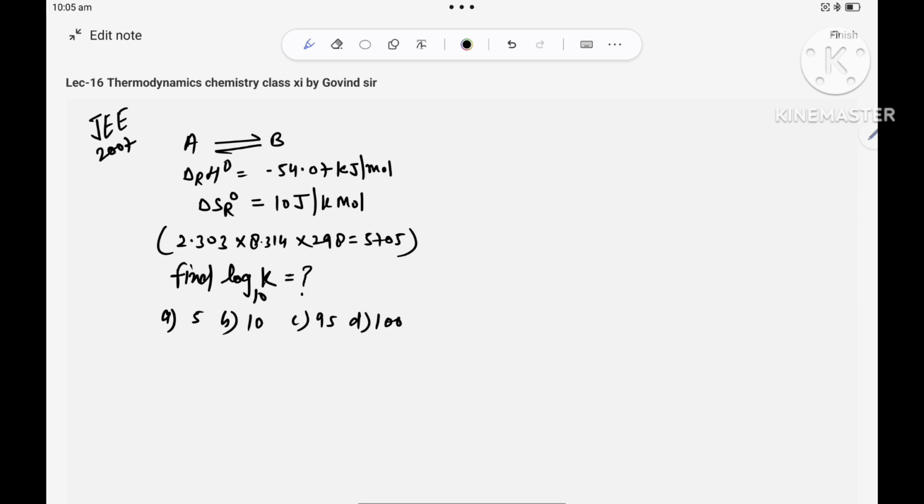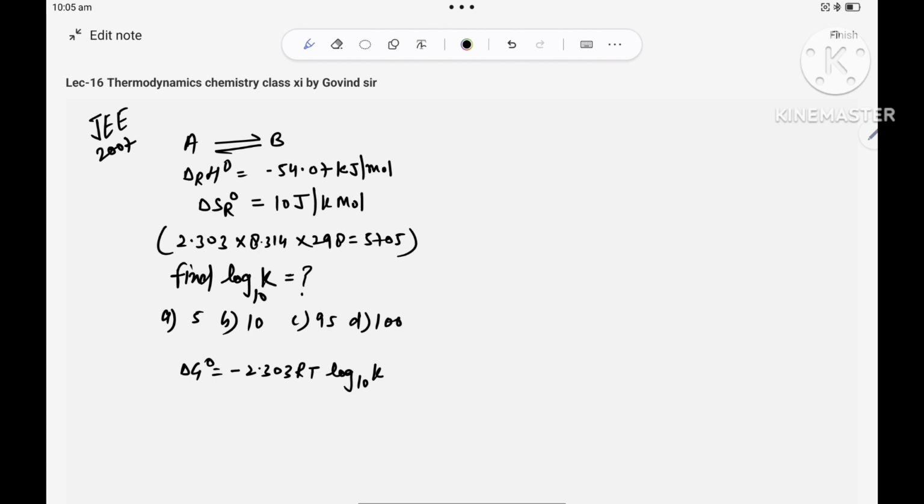So what we know? We know delta G naught is equal to minus 2.303 RT log K. So you have to find out delta G naught.